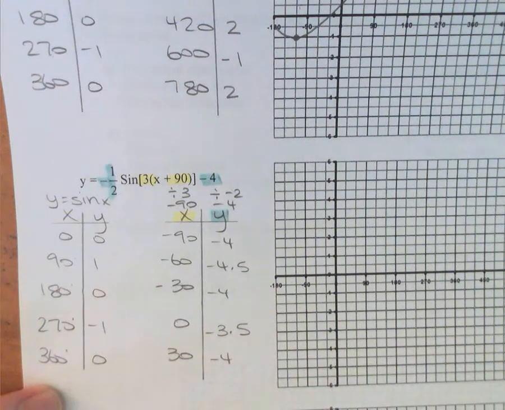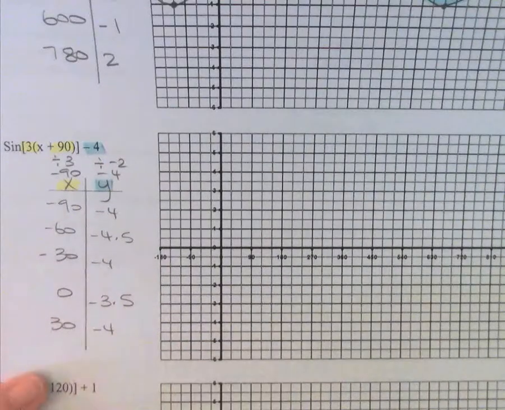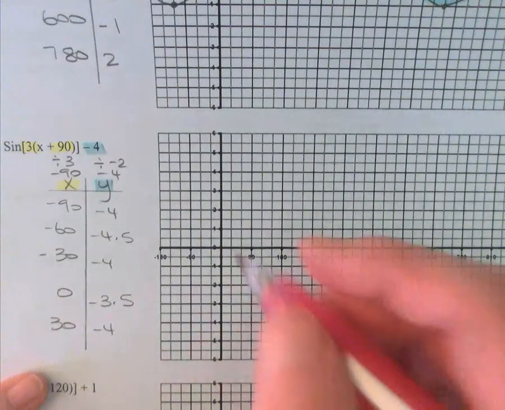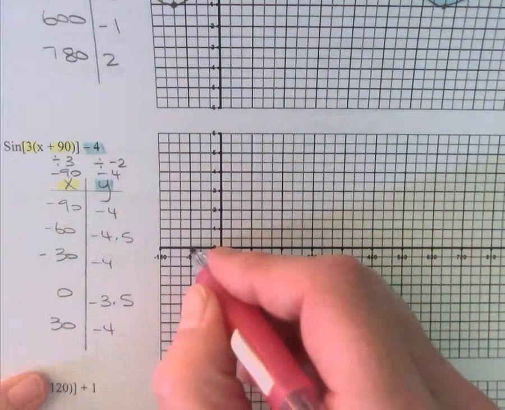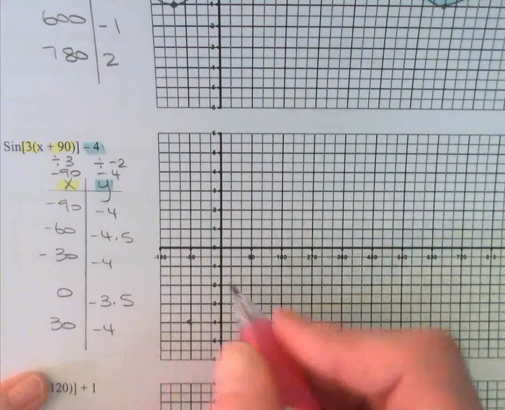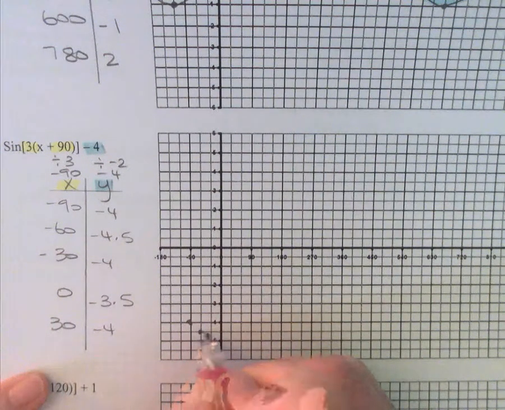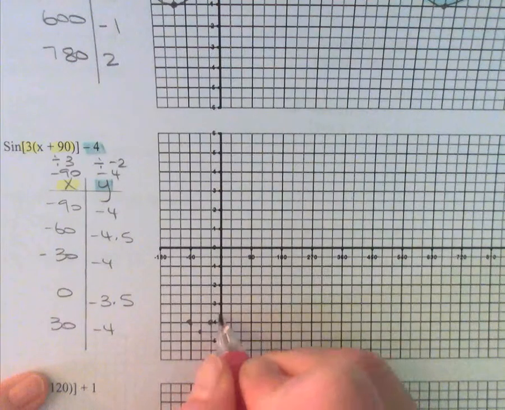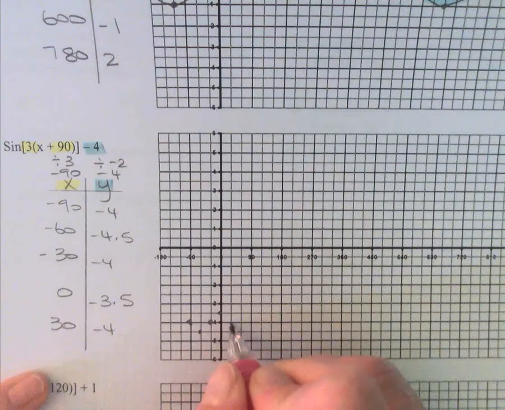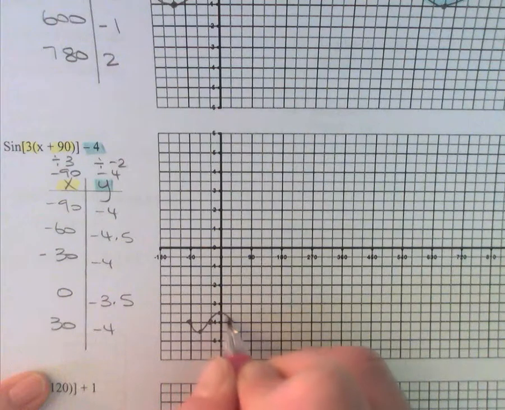So it's going to be a very tiny graph. So now we want to apply these transformations and put them on the graph. So at -90, we're at -4. Then we're at -4.5, -4, -3.5, and back to -4. So it's this tiny little graph like that.